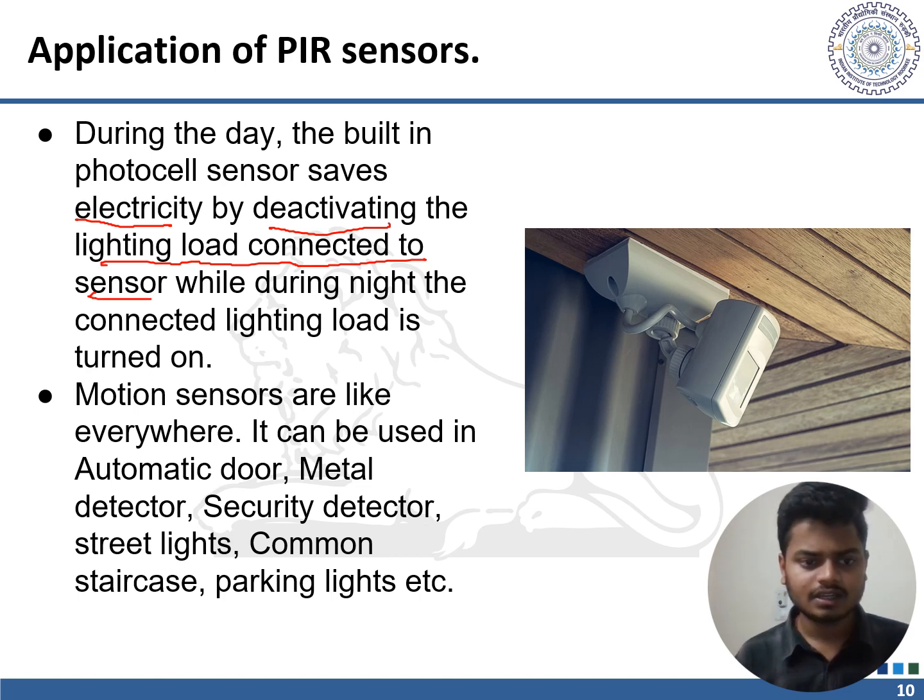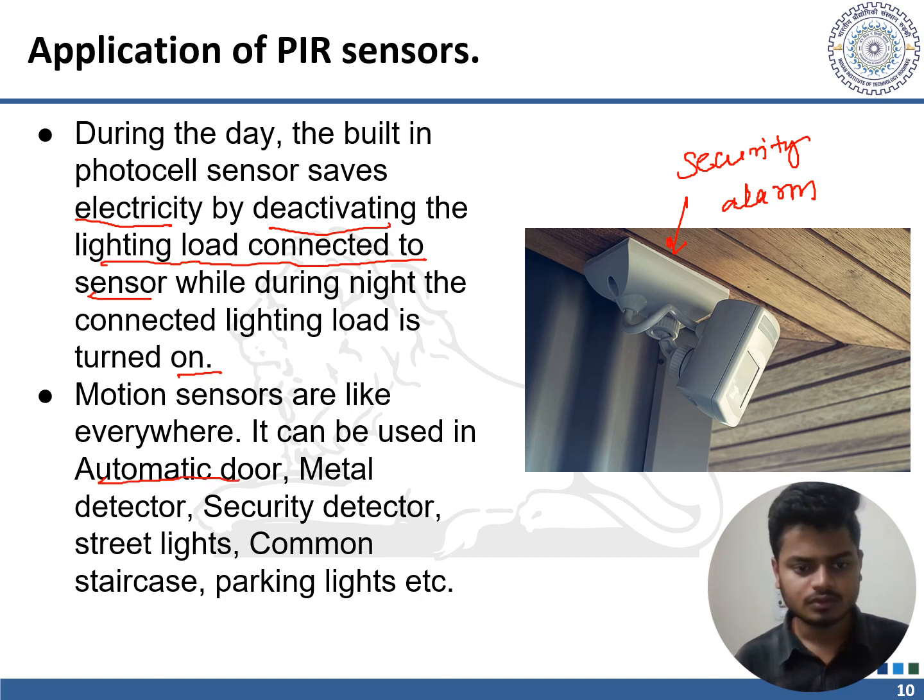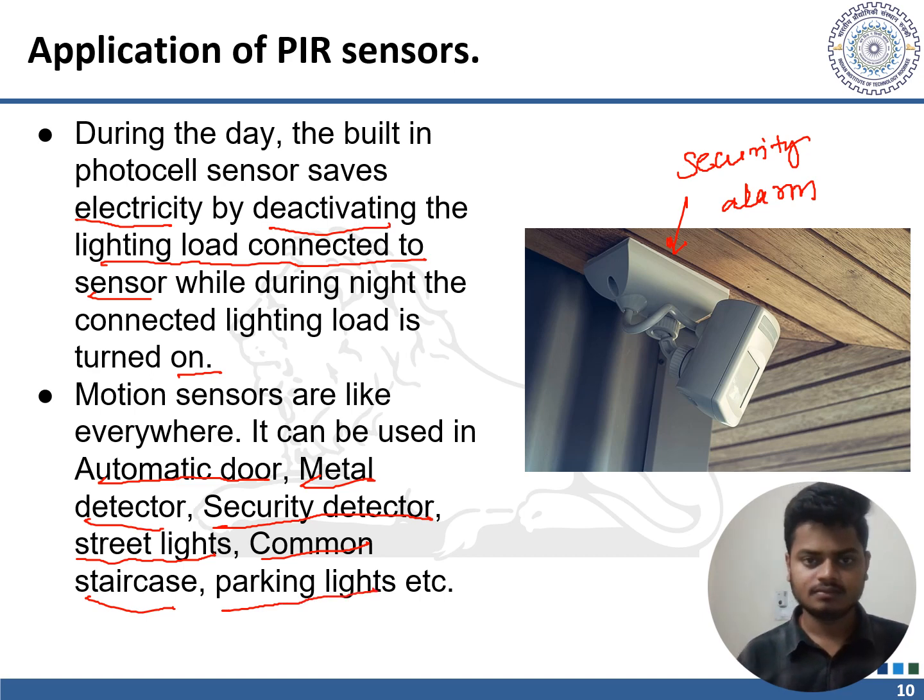While during night, the connected lighting load is turned on. We use the PIR sensor in security alarm. This is the security alarm. So we see that PIR motion sensors are used everywhere. It can be used in automatic doors, metal detector, security detector, street lights, common staircase, parking lights.